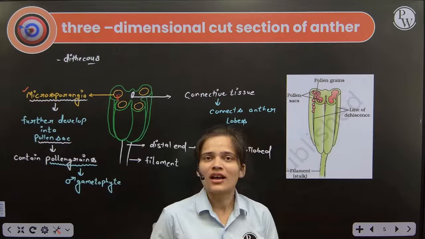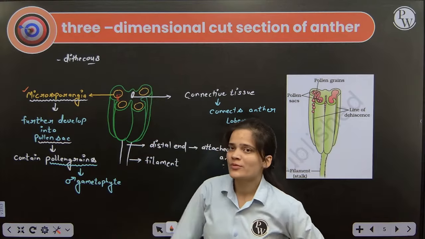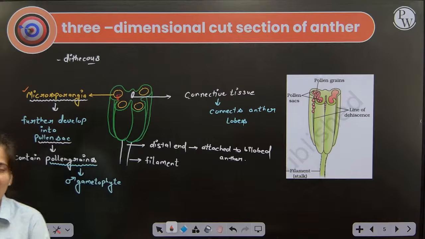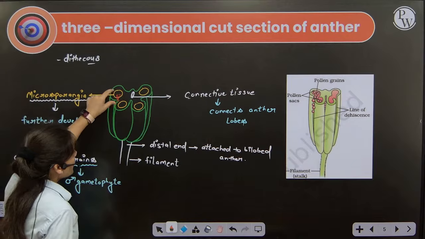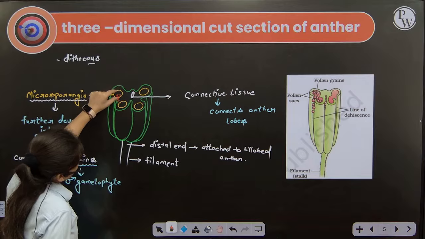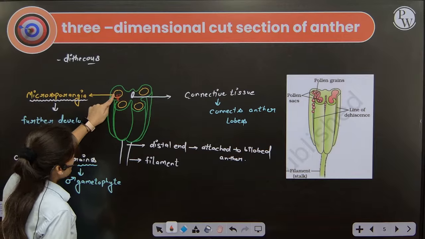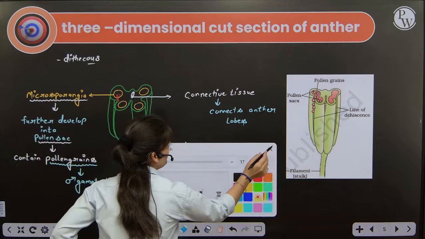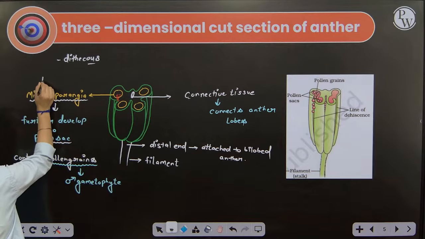Male spores are going to form inside this microsporangia, and male spores, as we already discussed, are microspores. So where is it present? Inside each theca, there is microsporangia. This microsporangia is present towards the corner side of each theca.